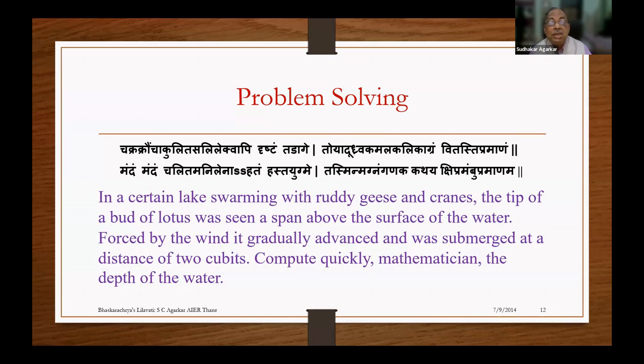So here the situation is there is a lotus. Because of the air, it bends and touches the water, and creating this situation, he has given the problem, and you need to solve it. Very interesting problem.